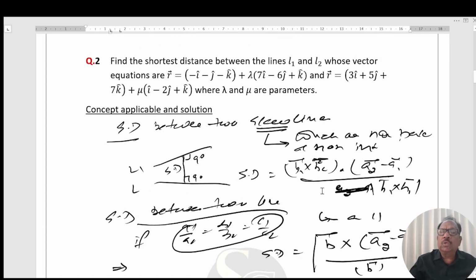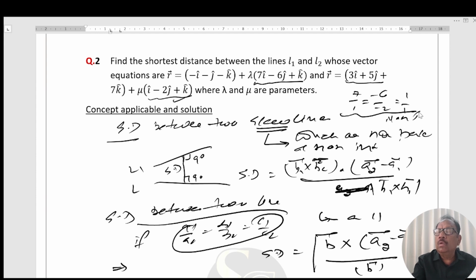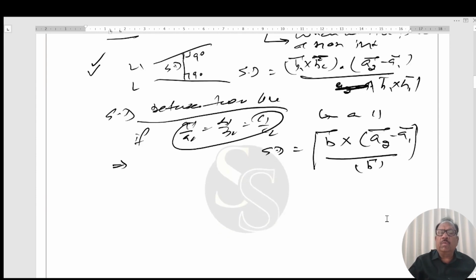Now, these two lines, one is this, one is this. 7 upon 1 not equal to minus 6 upon minus 2 equal to 1 upon 1. Not parallel. So this formula will be applicable.